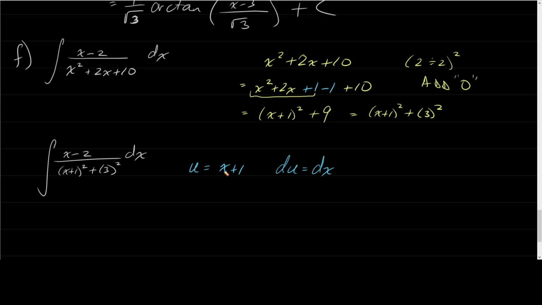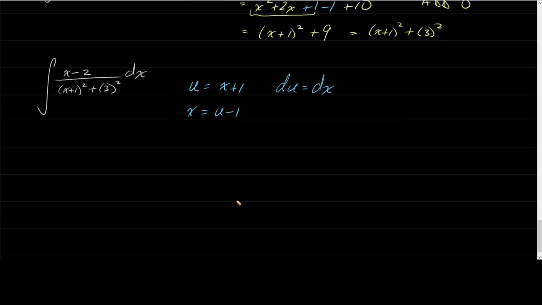Also, if u is equal to x plus 1, then x is just u minus 1, right? So at this point, my integral now becomes the integral of, well, instead of x, I've got u minus 1. So u minus 1 minus 2 over u squared plus 3 squared du, right?